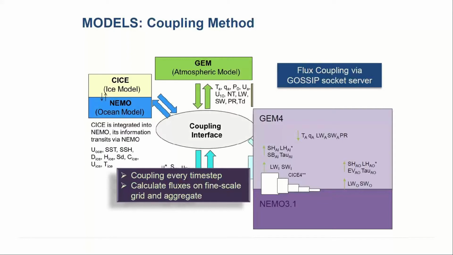This slide shows the coupling methods that we use to couple the models. The approach that we employed differs somewhat from couplers like OASIS, for example. It's not an external coupler that interpolates model fields and manages execution and data transfer.